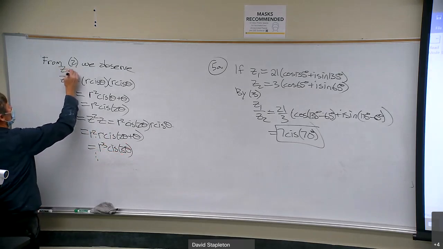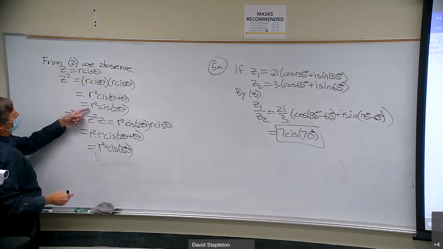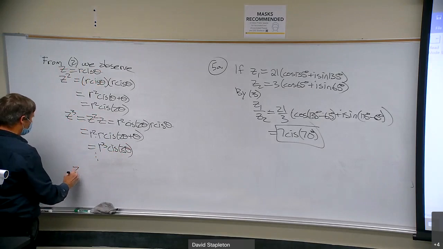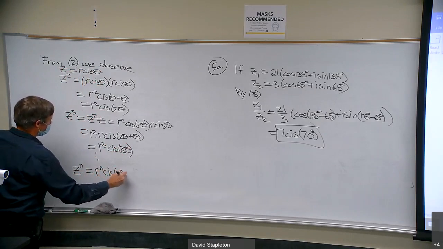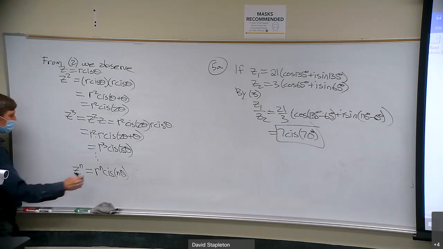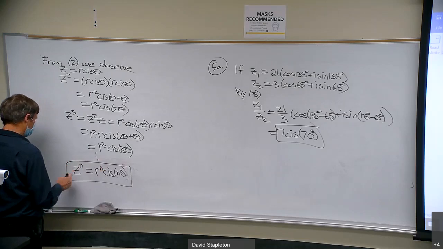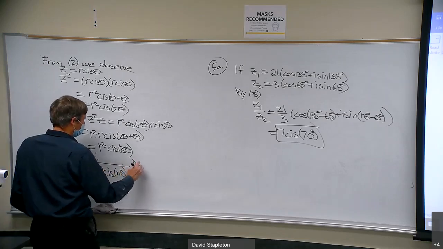If you let z be r cis theta, as assumed, then z squared is r squared cis 2 theta, z cubed is r cubed cis 3 theta, and it follows, inductively, that z to the n is r to the n cis n theta. This is the major result, which we'll call 4, called de Moivre's theorem.